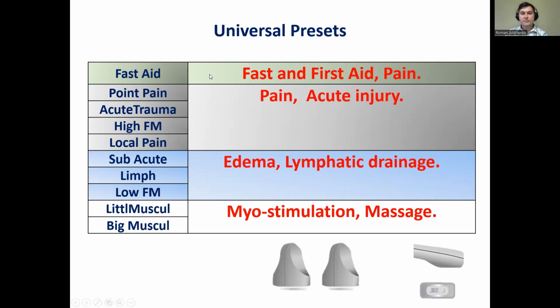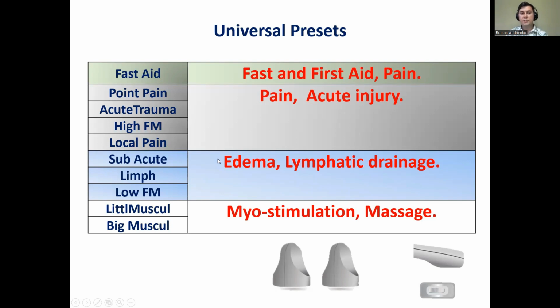You see that for fast and first aid, for pain relief, we have the fast aid. For pain, for acute injuries, we have these presets that are called acute trauma, point pain, high frequency modulation, and local pain.